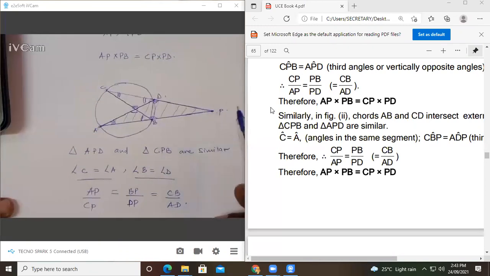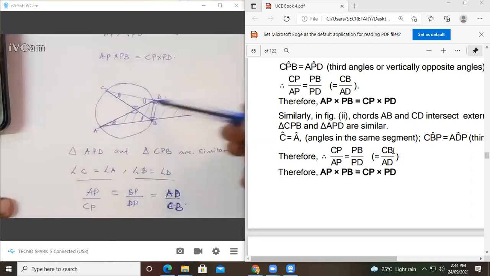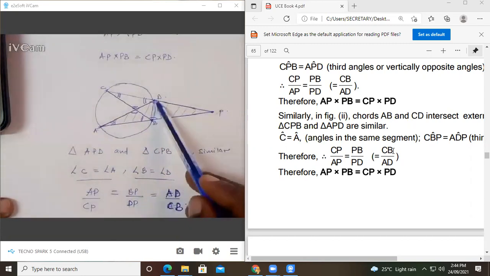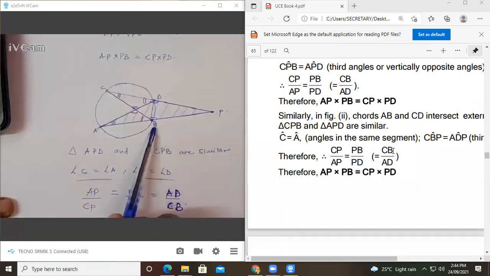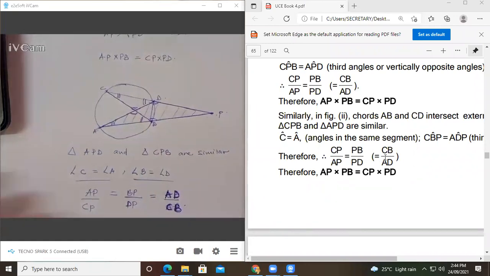In fact, this one shouldn't be CB. This one should be AD over CB, because CB is on the second triangle and AD is on the first triangle. So we said the first triangle over the second triangle. That's why we have AD over CB, not the way it appears here. Okay.